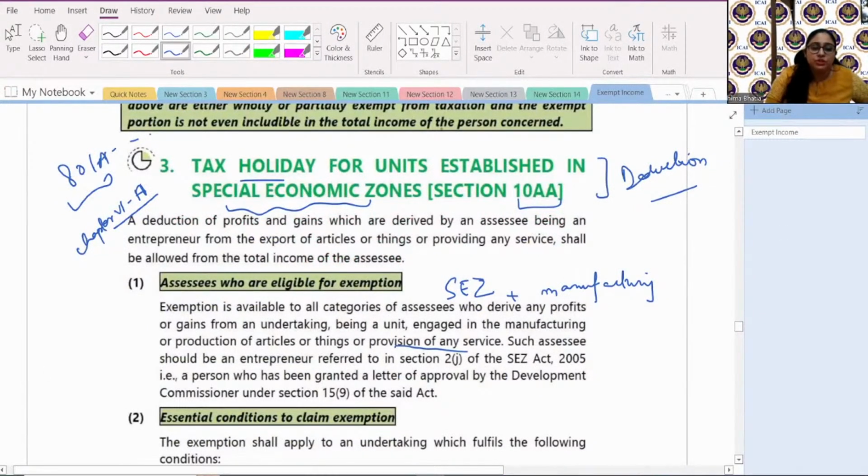I'm not talking about the general profits, I'm talking about the export profits coming from export of such article or export of such service. That profit would be given as a deduction from your gross total income.